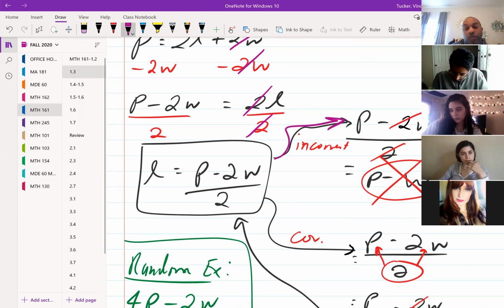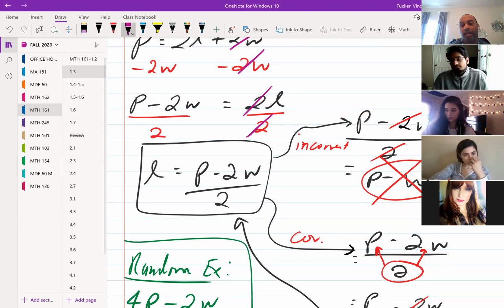This is the incorrect way of canceling out terms or numbers. Whenever you have a number in your denominator, you cannot just cancel it out into one term. So what you cannot do is cancel out those 2's and have P minus W as a final answer. The bottom arrow is the correct way of doing so.